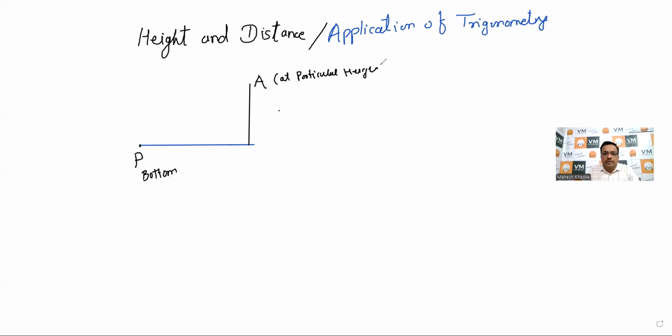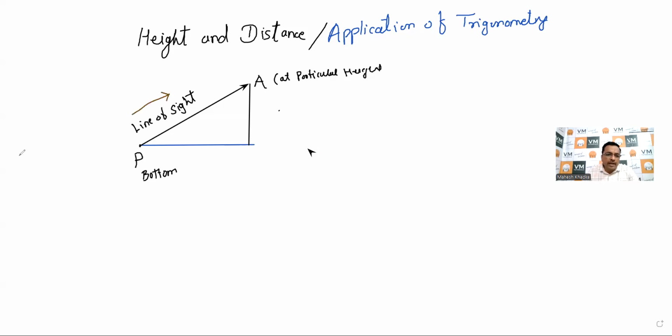Whenever the person observes from ground level to the top of the building, that direction of seeing is known as the line of sight. Sight means the direction of looking. The line of sight here is from bottom to top.